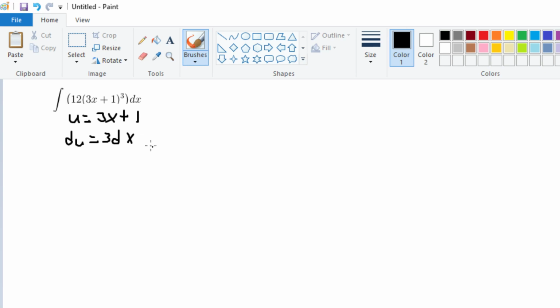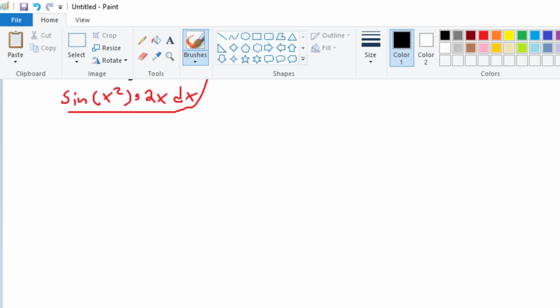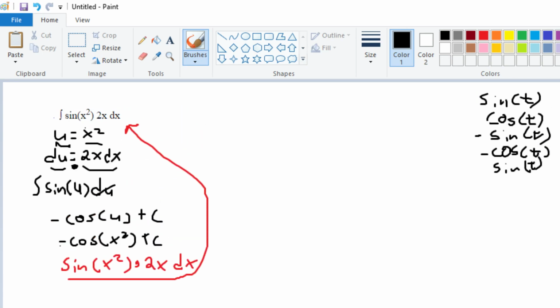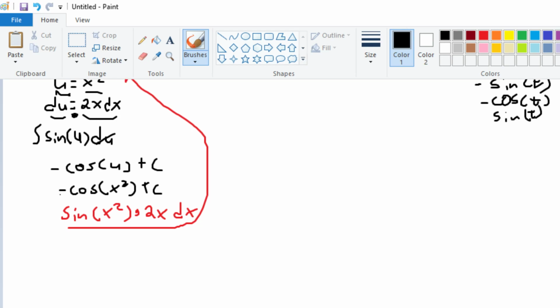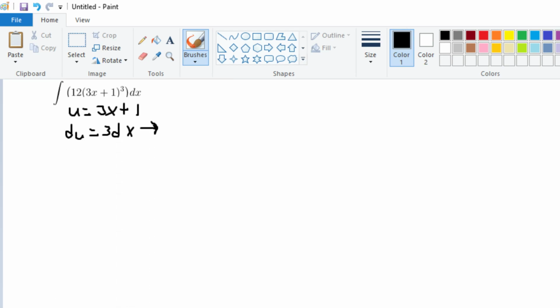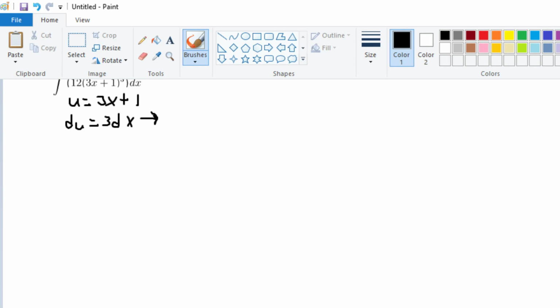Now, from here we need to use old school algebra. We don't want a number and then dx. Let me clarify that. Here, 2x dx was fine because there was a variable with dx, or if it would have been cosine dx, it would have been fine. But here we just have a number. So we want to get dx by itself.